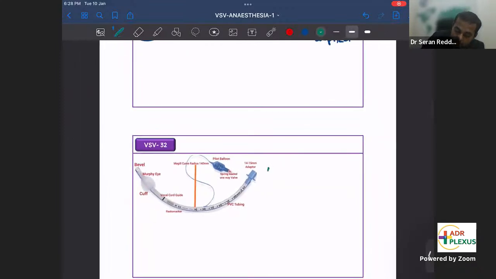And this is the endotracheal tube. This is a PVC tube. The cuff used has high volume and low pressure.